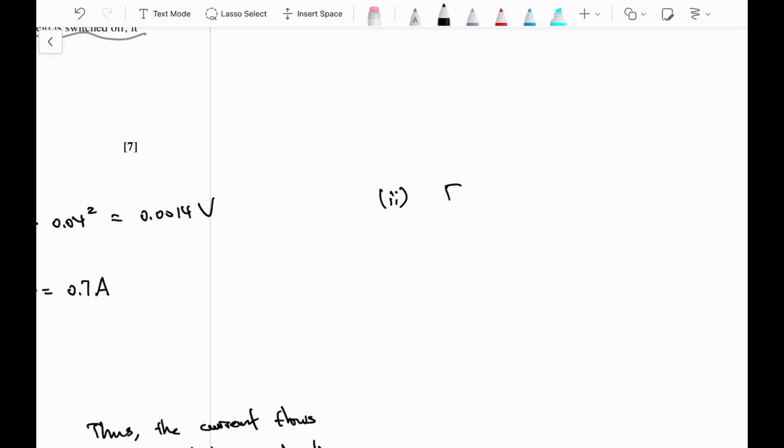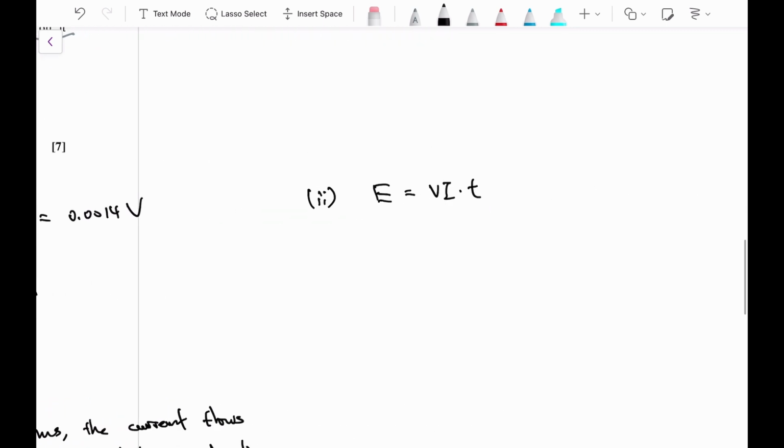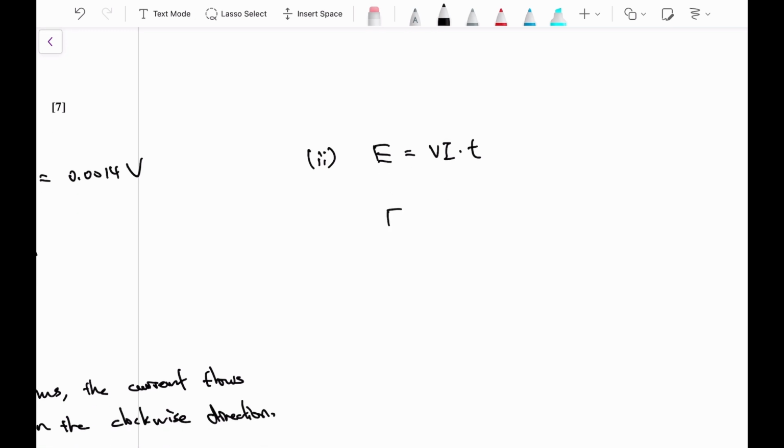The energy is equal to V times I and then times the time, right? So in the context of this question, we know the V, we know the I, which we both arrived at, and then the T, which is just 0.8 seconds. So we know all the values, and then we can just directly calculate it.